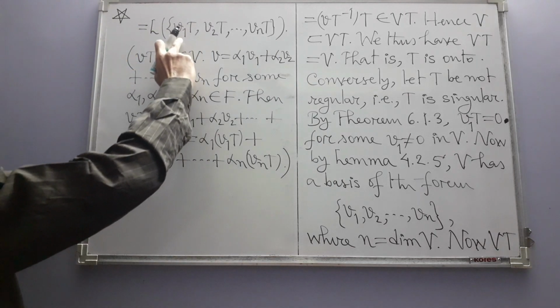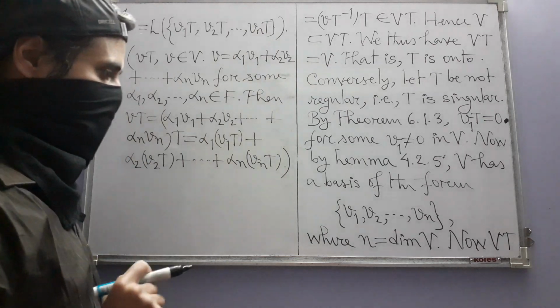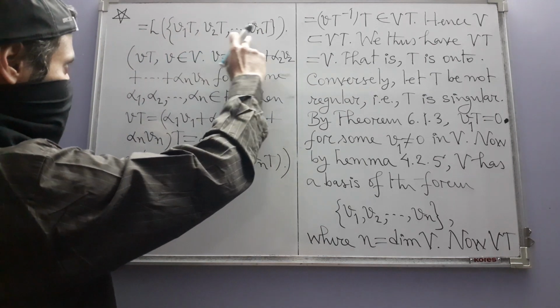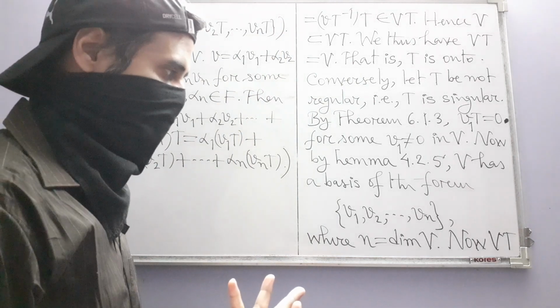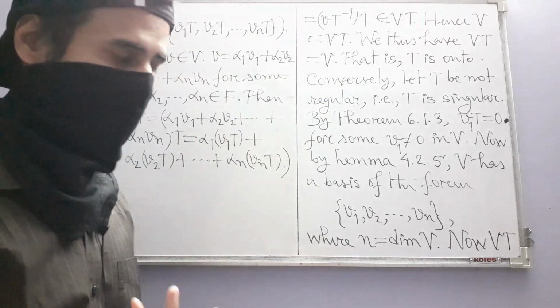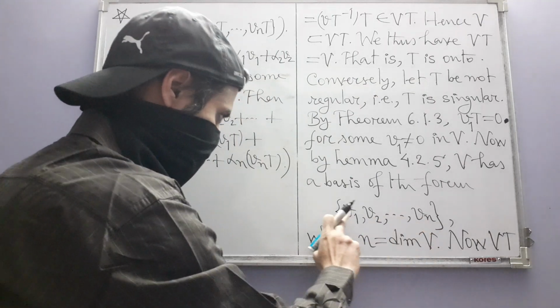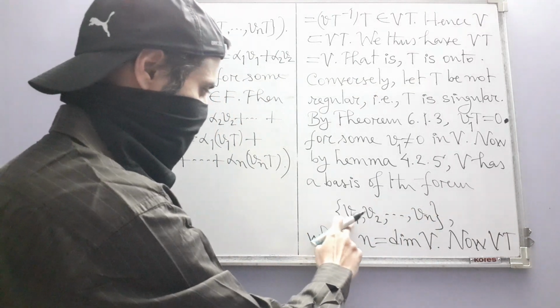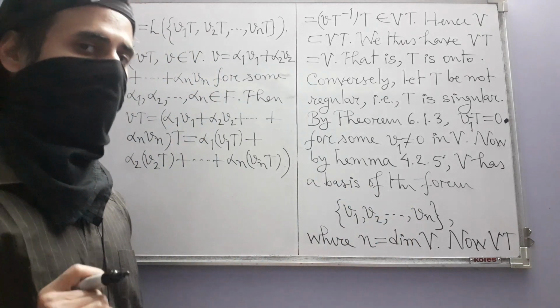Although we see a list of n symbols here, we don't really know whether these Vits are all distinct. They may not be. These are distinct due to linear independence. A consequence of linear independence is that these are distinct vectors.